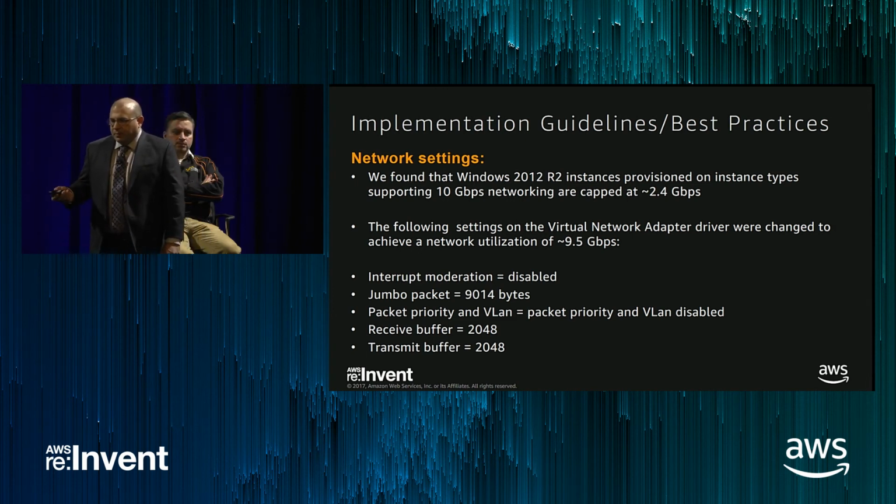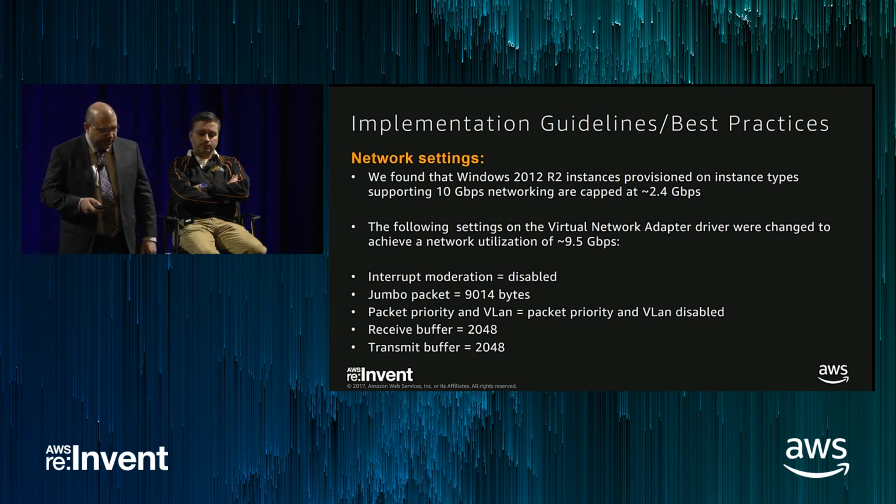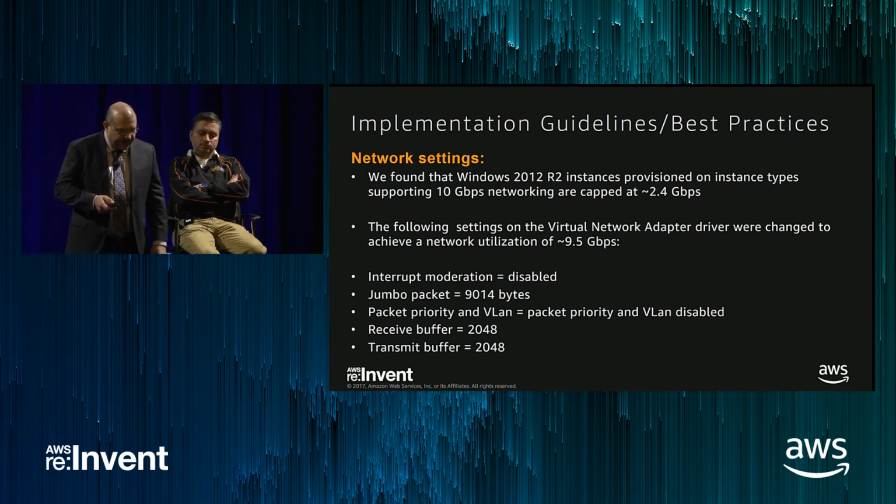So, making sure that we don't fall behind and that the secondaries stay up, approaching it through network tuning as well as reducing the amount of work the database has to do by getting rid of certain features, both together helped us out quite a bit. And we looked here at interrupt moderation disabled, jumbo packet 9014, priority packet and VLAN disabled, and receive and transmit buffers at 2048.